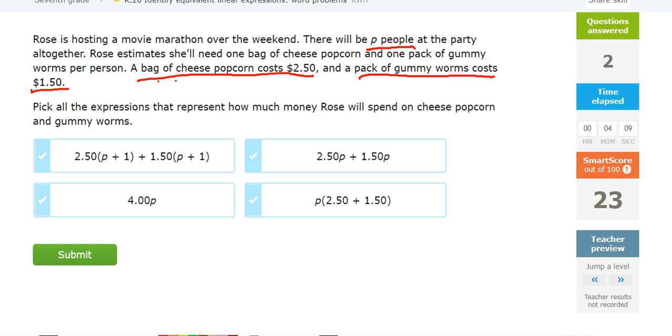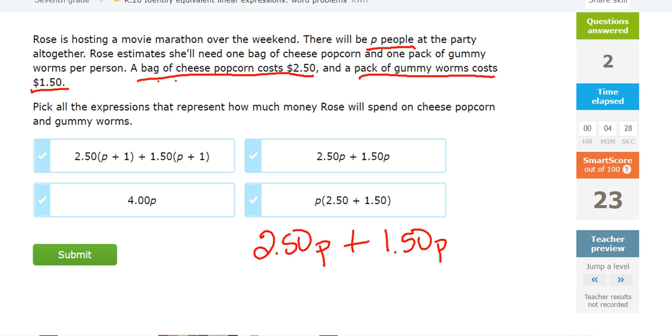She wants to give each person a bag. So that means that for the $2.50 per person, it'll be $2.50 times the number of people plus $1.50 times the number of people, because every person is getting a bag.